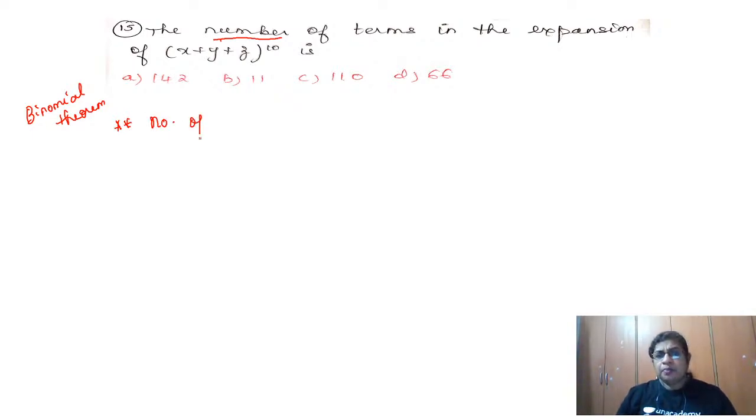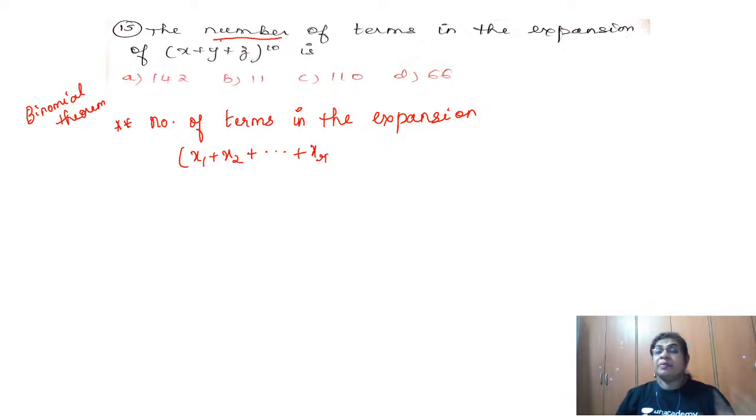The number of terms in the expansion (x1 plus x2 plus dot dot xr), that means there are r terms, whole power n.